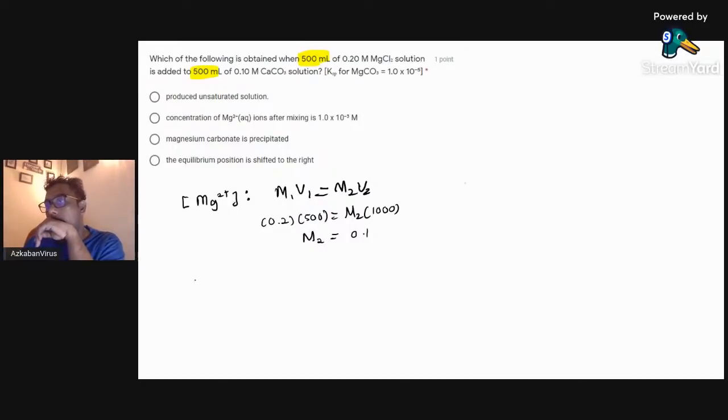Dan kita tengok yang next one. Concentration of carbonate pun sama juga. M1 kamu adalah.